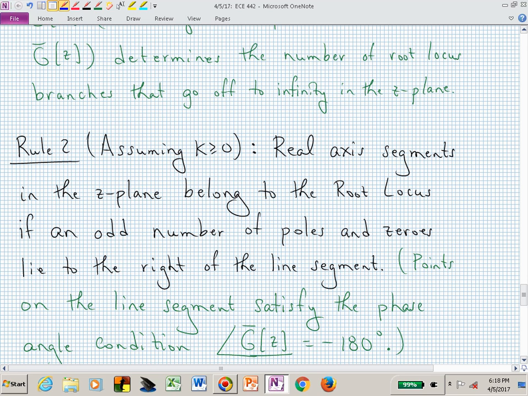And if that's the case, then that point or those points on that real line segment have an angle of minus 180 degrees. That's what we've also said. Here I'm just capturing these rules for you to go home and read and ingest.